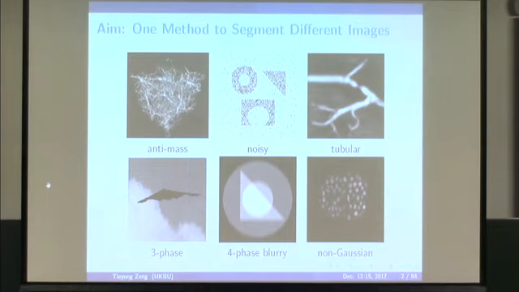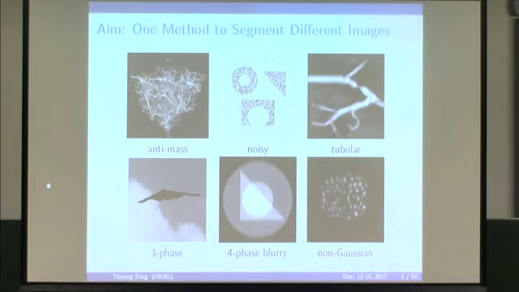We try to use one simple method to segment different images. For example, this kind of image has many textures, this one is heavily noisy, and this one has some broken parts. We try to segment the image in a uniform way, 3-phase, 4-phase, or more phase.